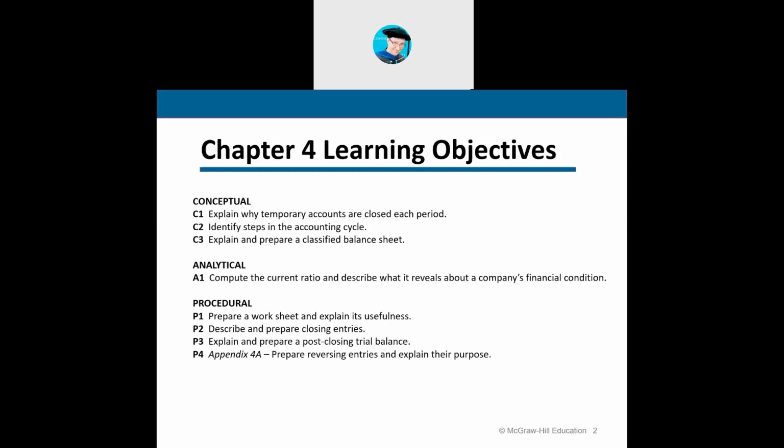Now we need to discuss how we get our income statement back to zero for the next accounting period. What we mean by that is we don't start with balances on our income statement for the next month. That wouldn't make sense, right?